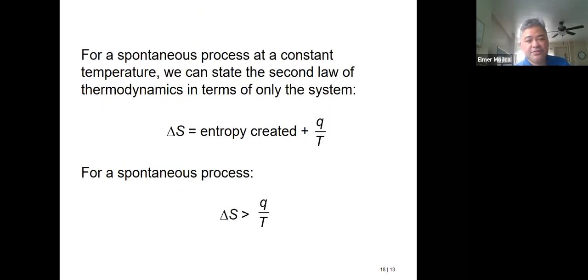Okay? So for a spontaneous reaction or process at a constant temperature, we can state the second law of thermodynamics in terms only of the system. So delta S is equal to the entropy created plus Q over T. What is Q? Anyone?